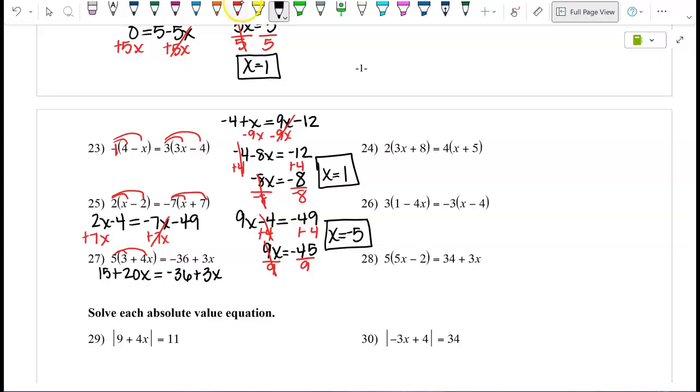So now I need to move my variable to one side. So I'm going to subtract 3x from both sides. So I have 15 plus 17x equals negative 36. I'm going to rewrite that over here so I have room.